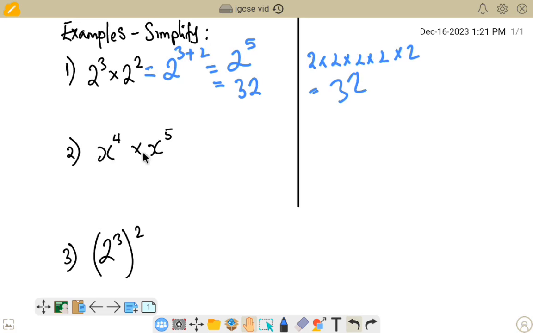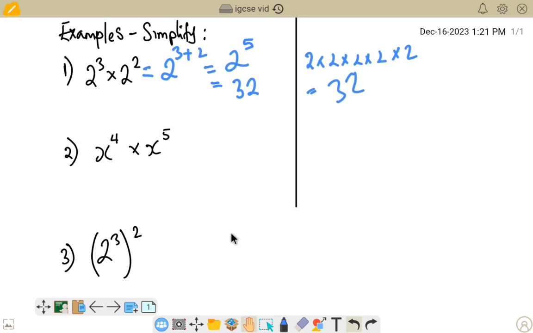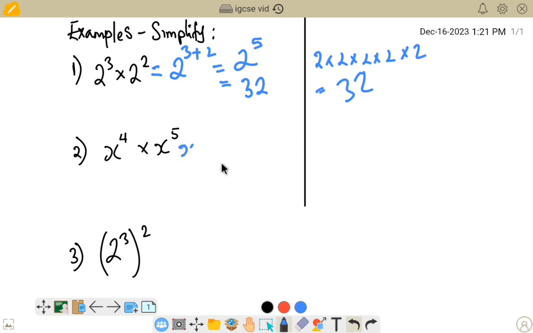You have the same base, so just pick one of the bases. You have x, because the bases are the same. Then the powers, just add the powers. You have 4 plus 5. So 4 plus 5 will give you 9. So that's the answer to that.